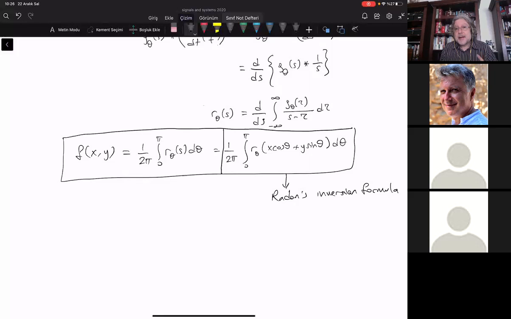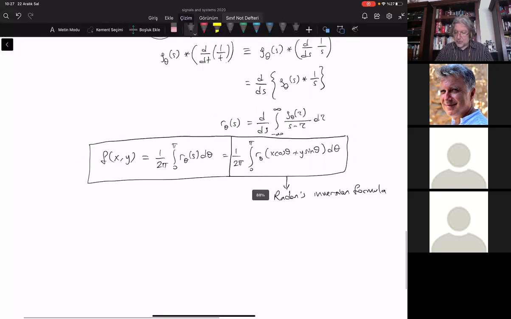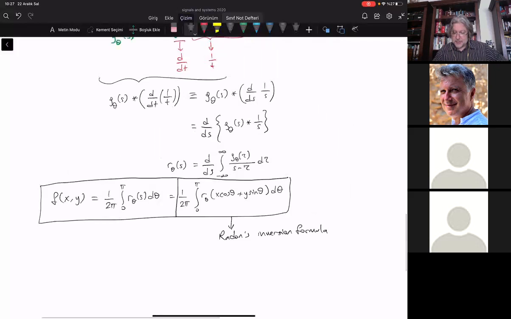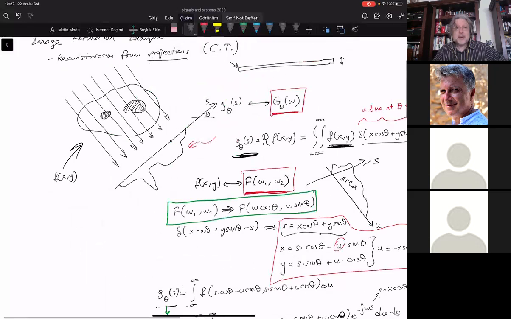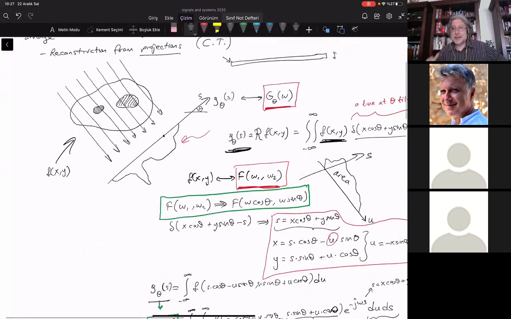But remember that the CT images are also very large, like at least megapixels, maybe even more. So therefore, they may need to consult this formula.